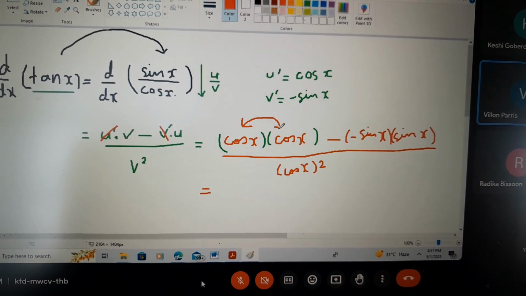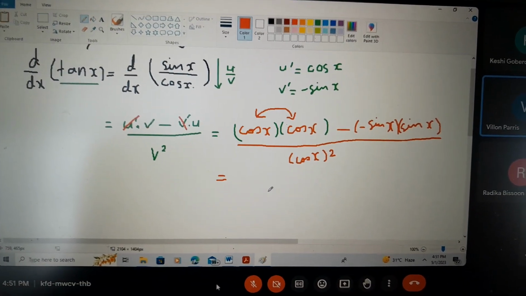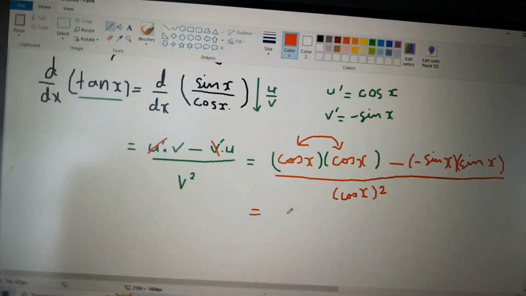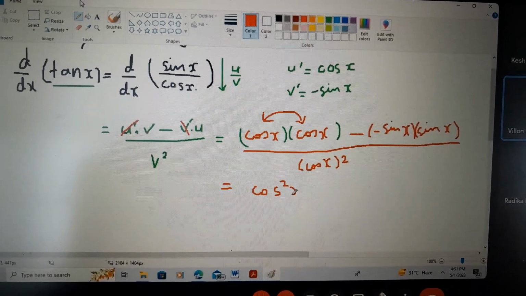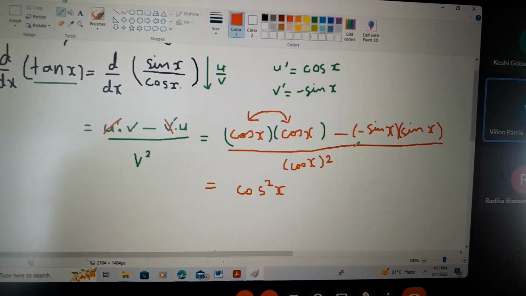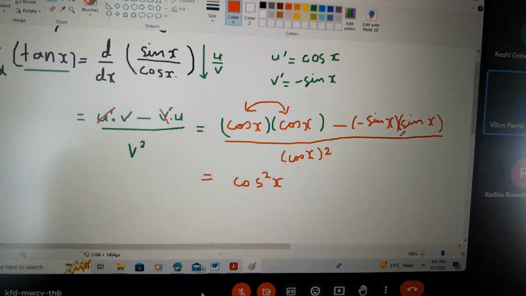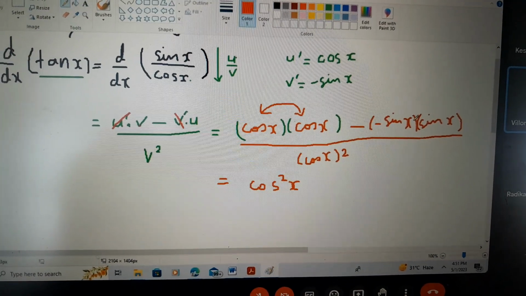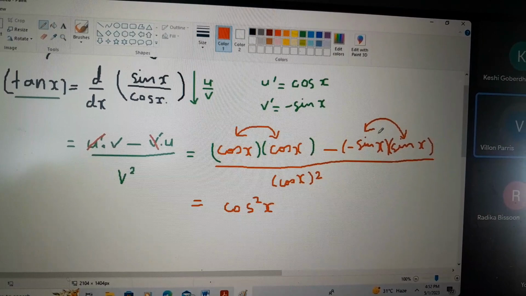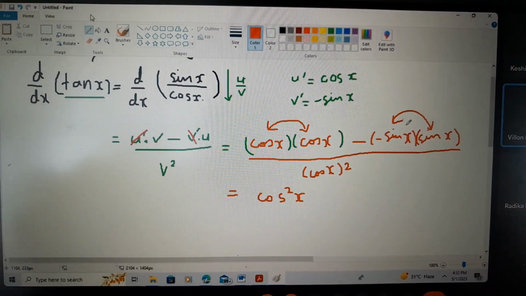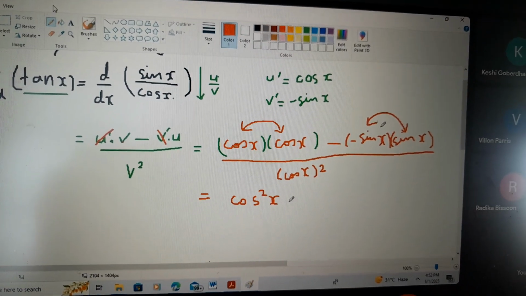Good. So what's cos x times cos x? What will we get? Come on, it will be cos squared x. This is how we write it, right? What's sine x times sine x then? What will we get? Sine squared x. Wonderful.